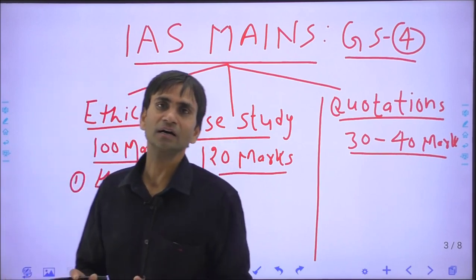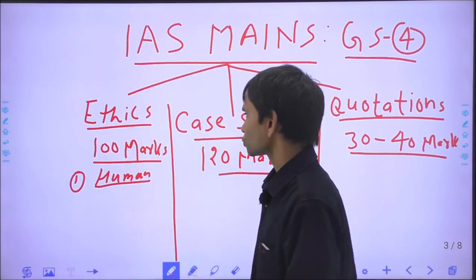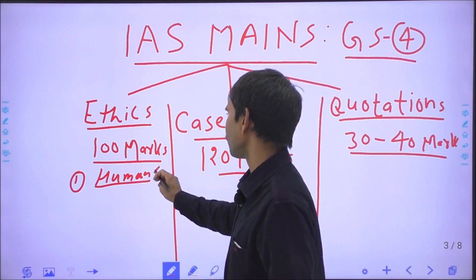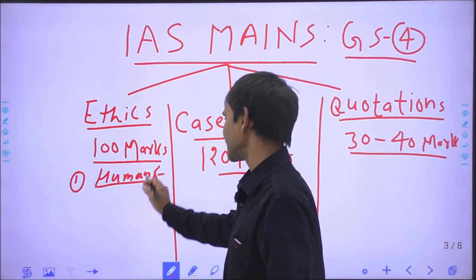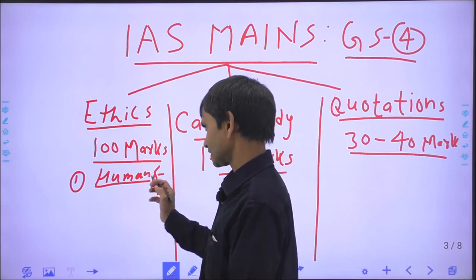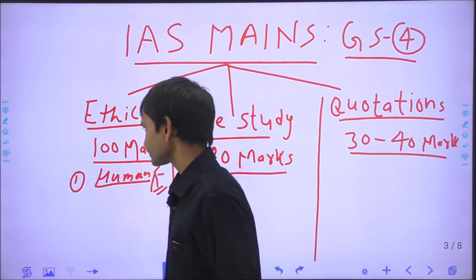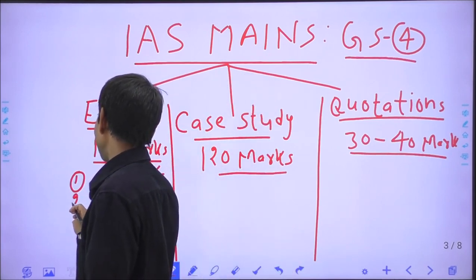All are covered on the grounds of ethics. So human interface is a wide approach and you have to study it in detail, and I will discuss the core points of this.